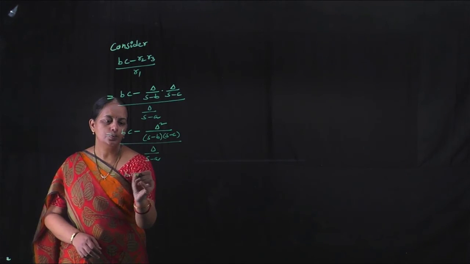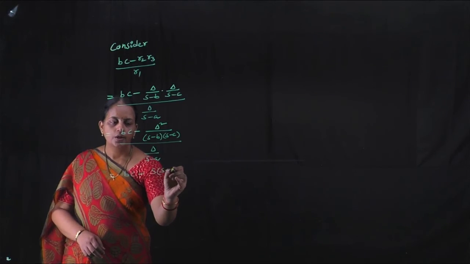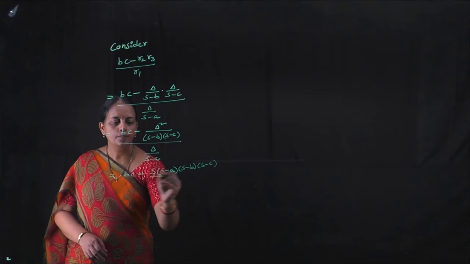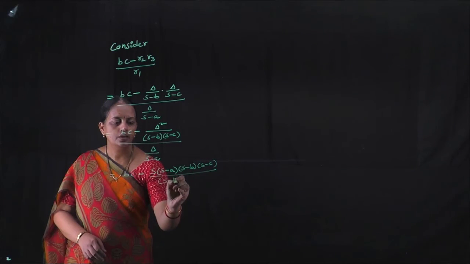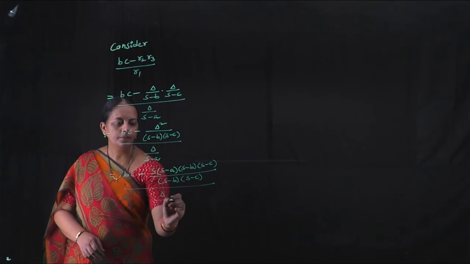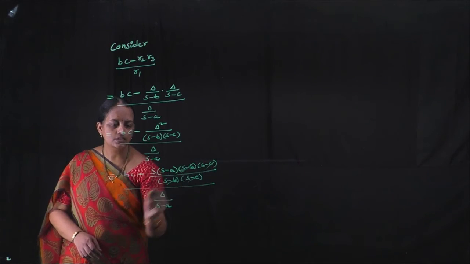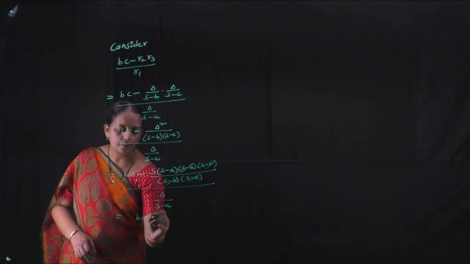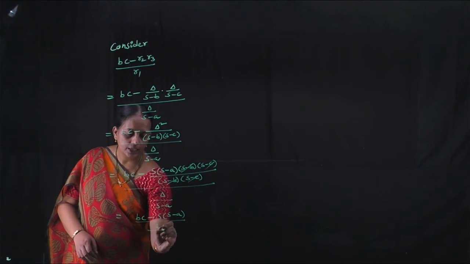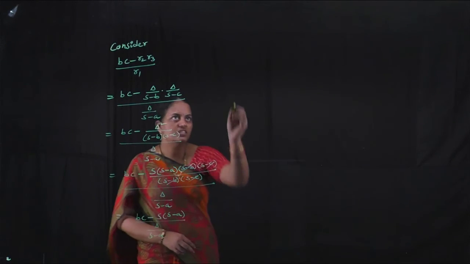This is equal to BC minus, from Heron's formula we know that delta square is equal to S into S minus A, S minus B, S minus C, by S minus B into S minus C, by delta by S minus A. Here S minus B, S minus C get cancelled and we have BC minus S into S minus A by delta by S minus A. From this, in the numerator, I can take BC as common.